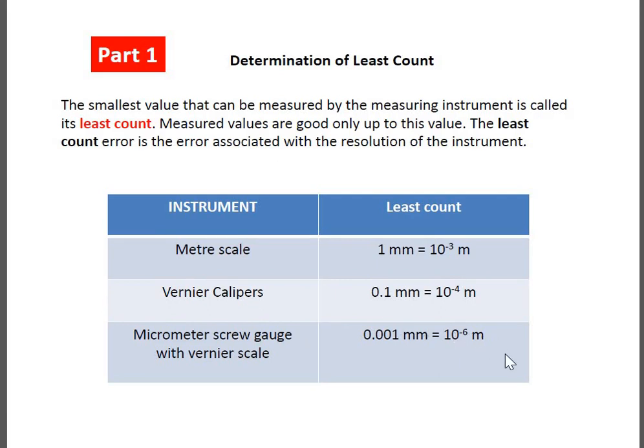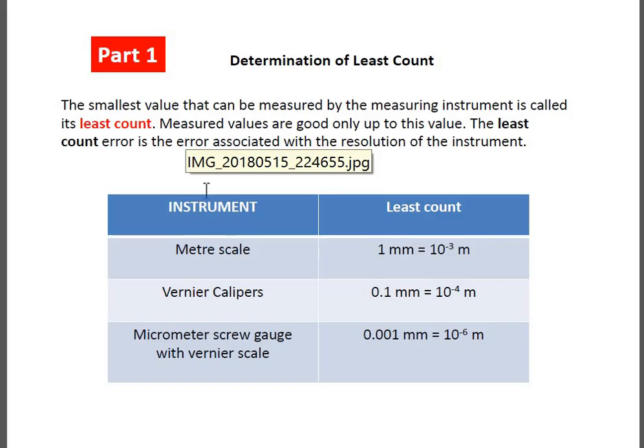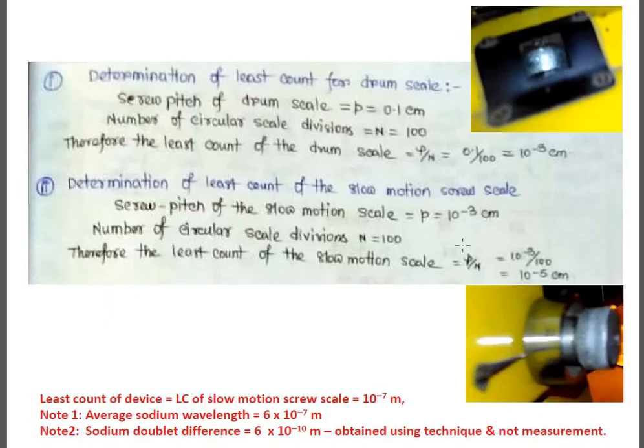Now you will see in this lab, this particular instrument here, we have got a screw gauge whose least count is of the order of 10 to the power minus 7 meter. Let me show you. So the first part of this practical is the determination of the least count. Now you remember in the video I showed you this one.